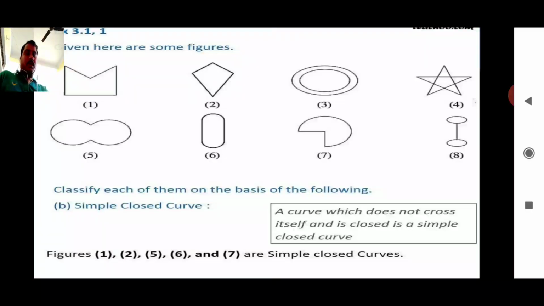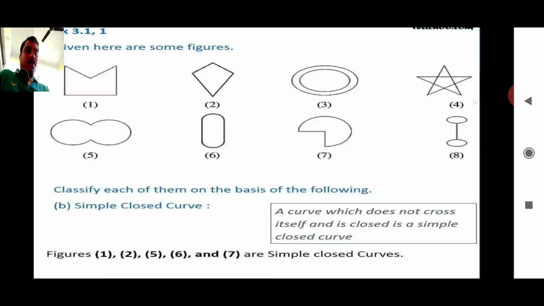You can see what is a simple figure in the previous part, and now a simple closed curve means a curve which does not cross itself and is closed. The first figure does not cross itself, and it is also closed. The second one is also a simple closed curve.